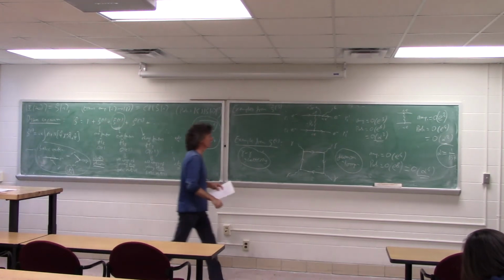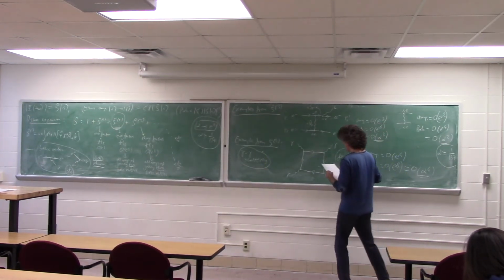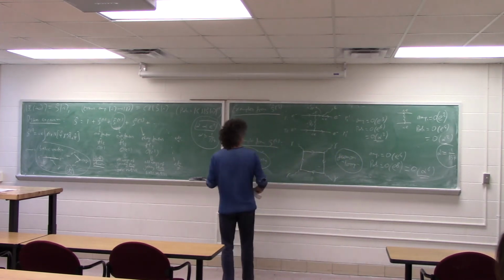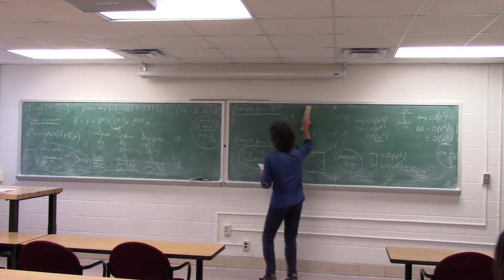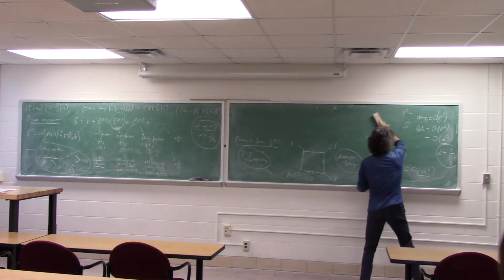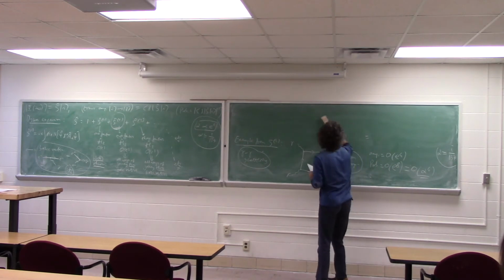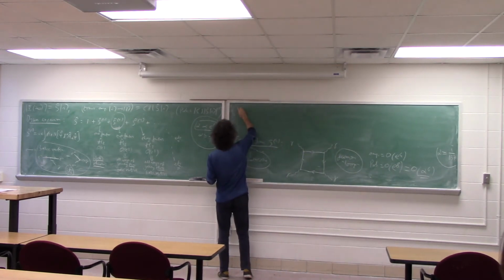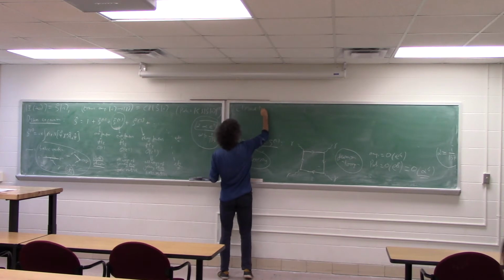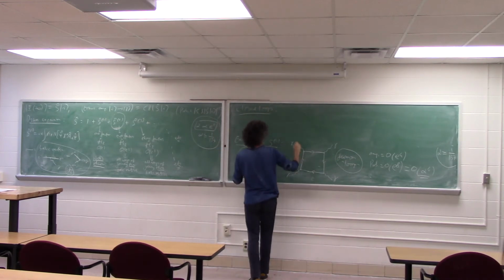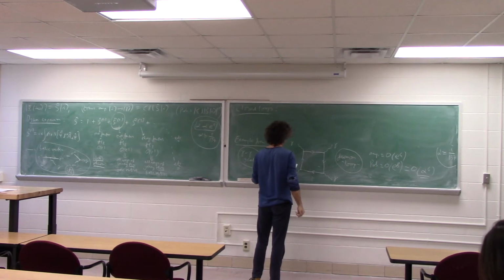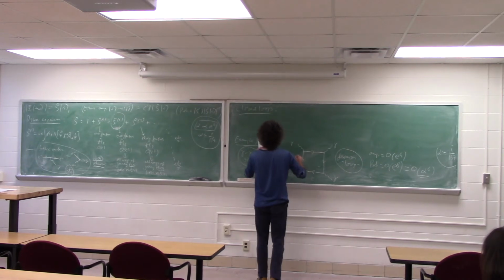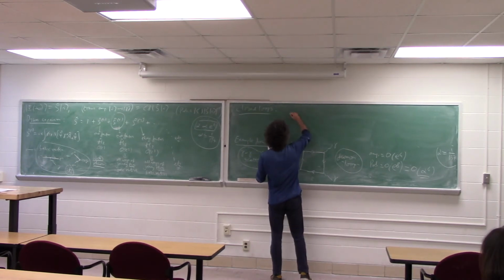Let me also mention a couple of other examples of closed loops that are important. Another thing that can happen: here's a photon coming in.